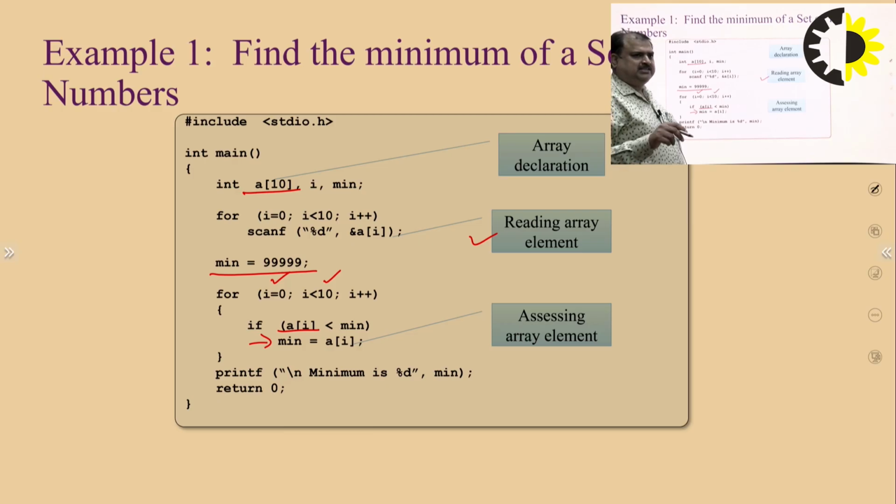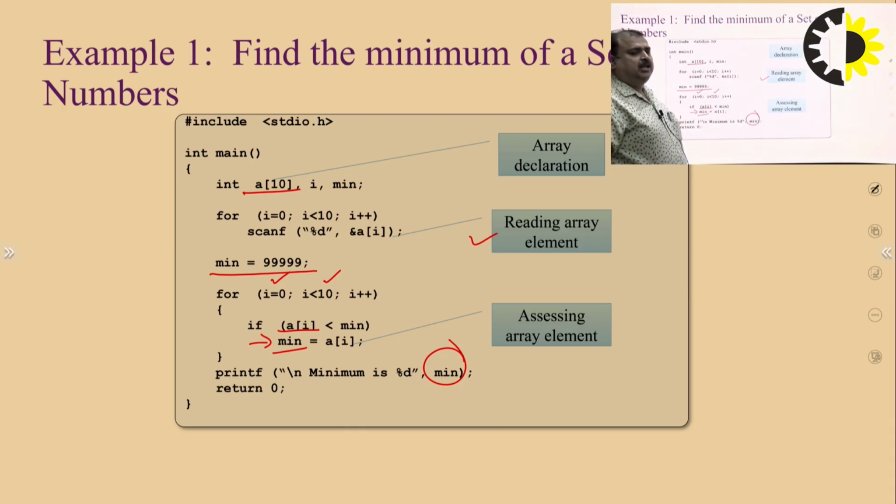So the i-th index value will be stored in minimum, and when we come out of the loop, we will have the minimum value of that array available in the element min.